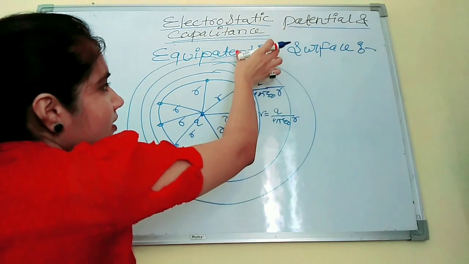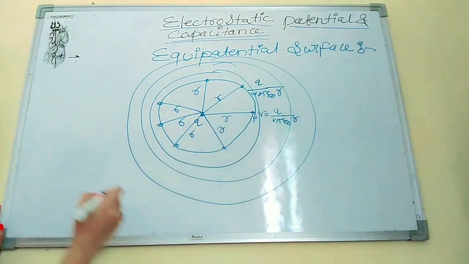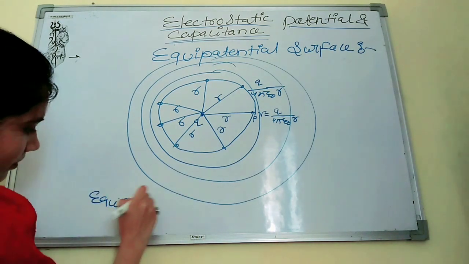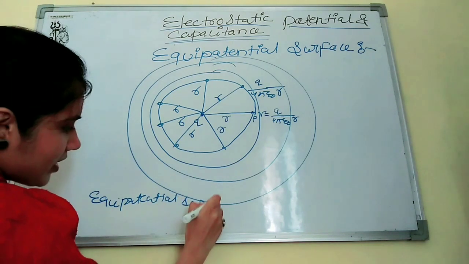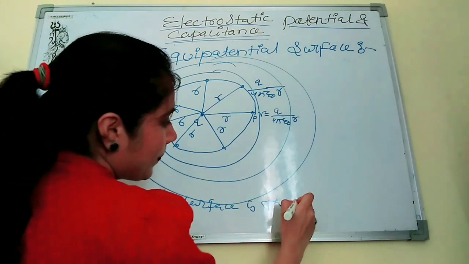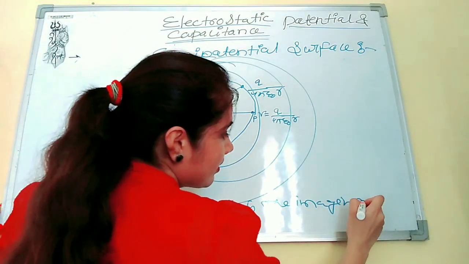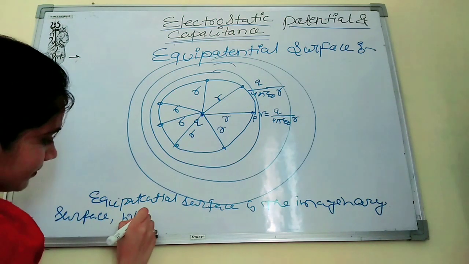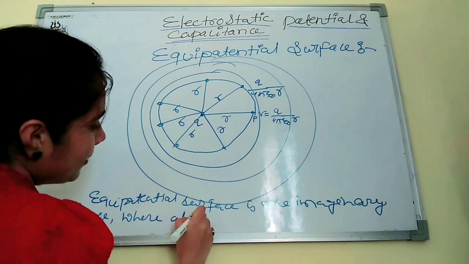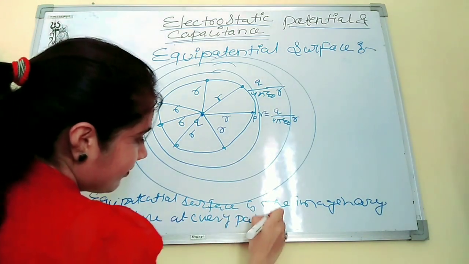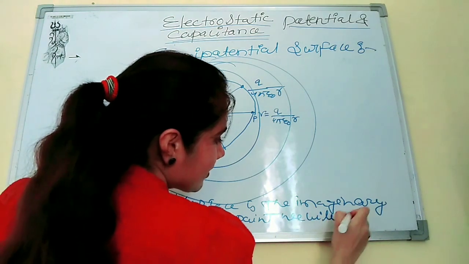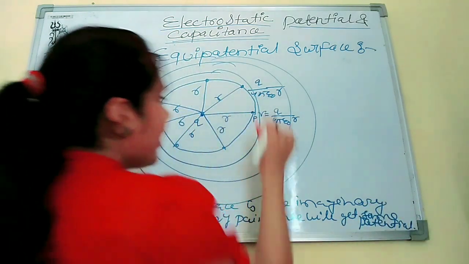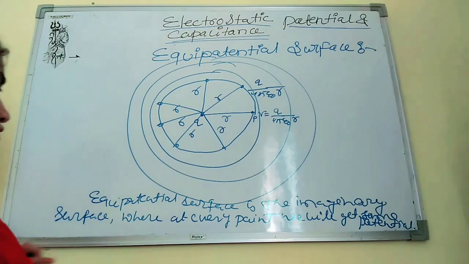So what can we write as the definition of an equipotential surface? An equipotential surface is an imaginary surface where at every point we will get the same potential.